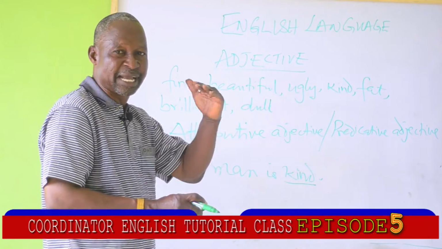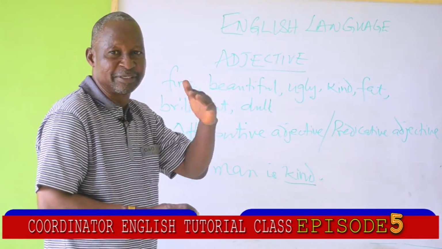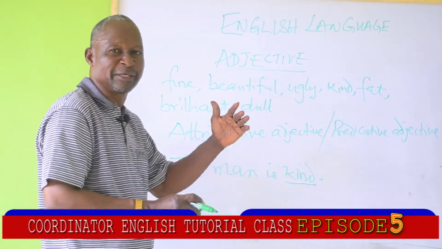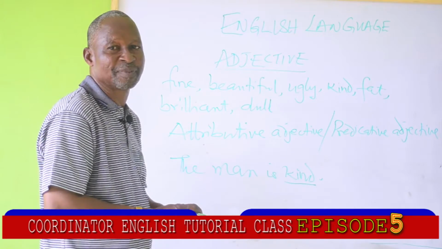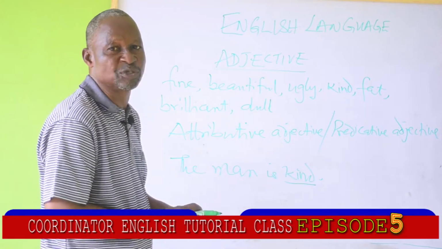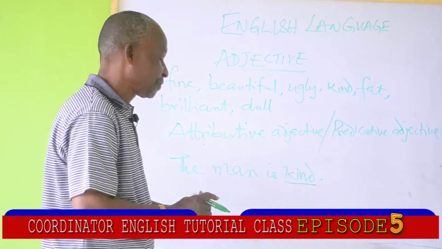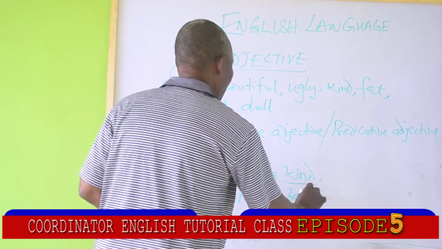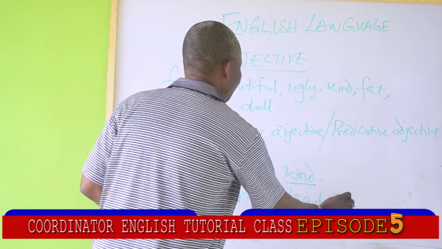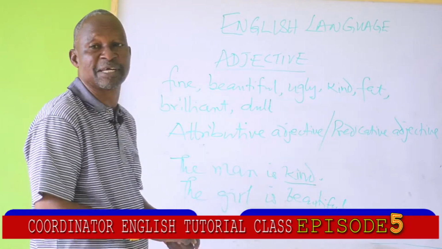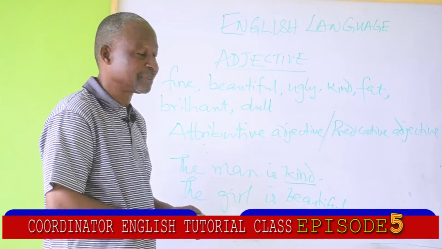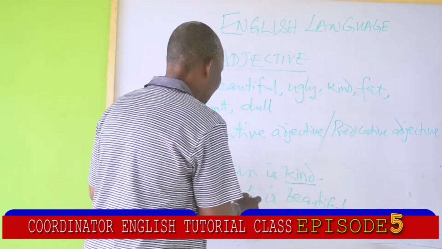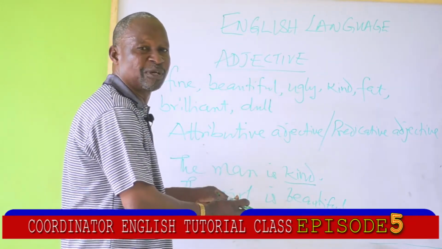But he is a kind man. Kind there is an attributive adjective. The man is kind. Kind here is a predicative adjective. It comes after the noun it qualifies. The girl is beautiful. In this case, beautiful comes after the noun girl, which it qualifies.